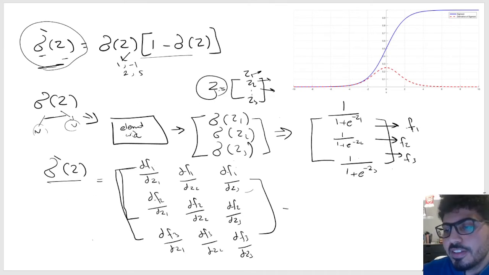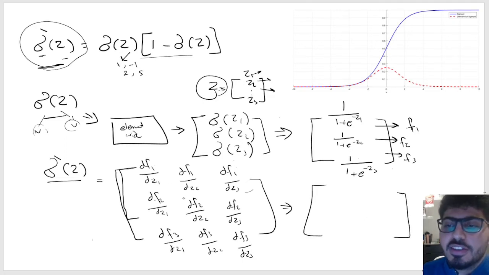But if we try to compute the actual values for this Jacobian matrix, we will notice something that is really important. What is the derivative of F1 with respect to Z1? This will be the derivative of the sigmoid at Z1. But what will be the derivative of F1 with respect to Z2? Do you see any Z2 element in this equation? No. And what is the derivative of F1 with respect to Z3?